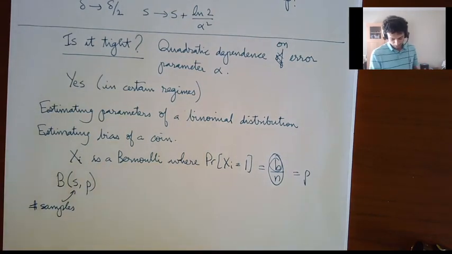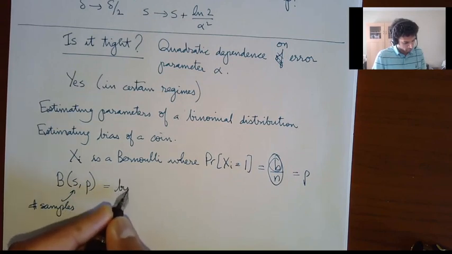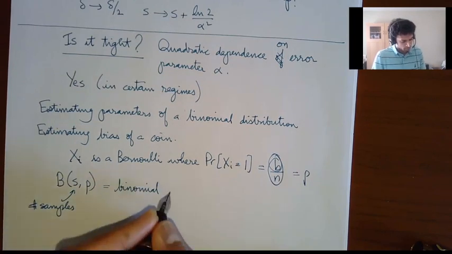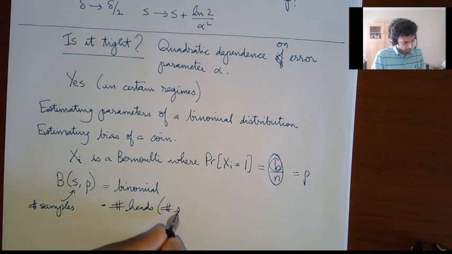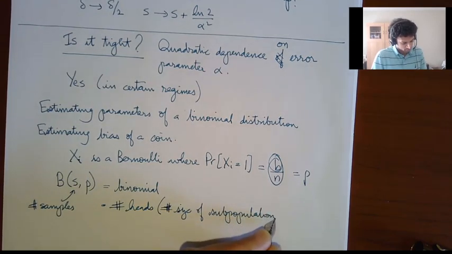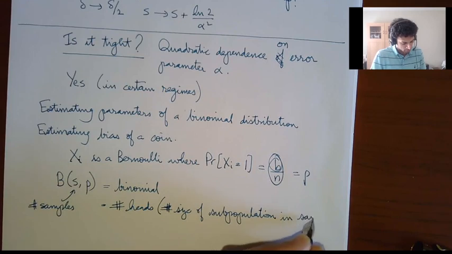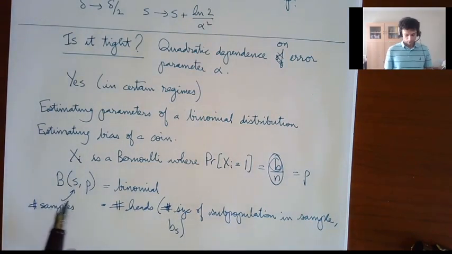This is a binomial distribution, and this is basically the number of heads, or you can think of it as the size of the subpopulation in the sample, which we had also referred to as B sub S. B sub S is distributed as a binomial. Okay?